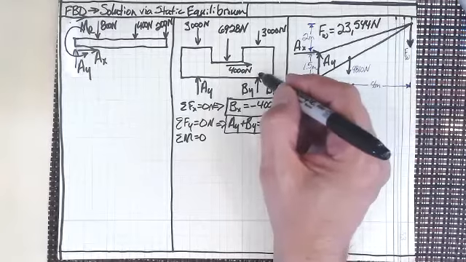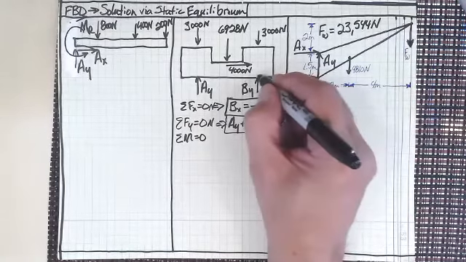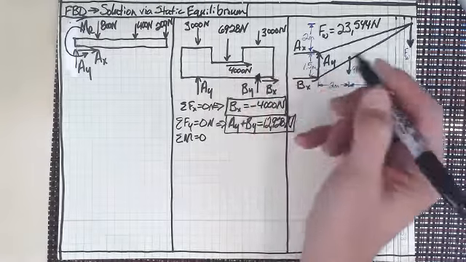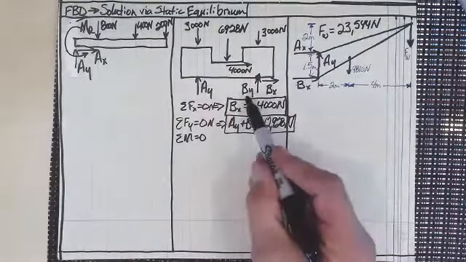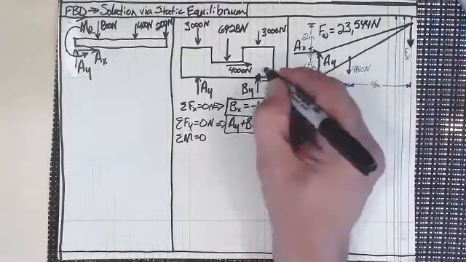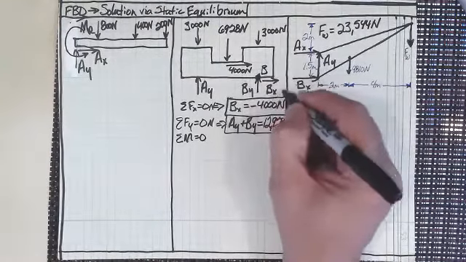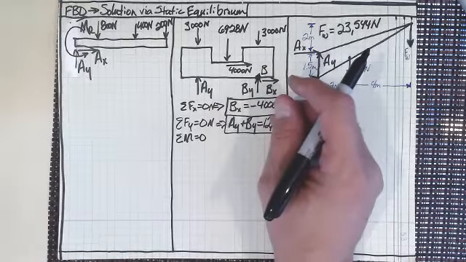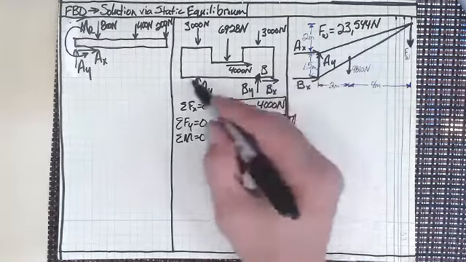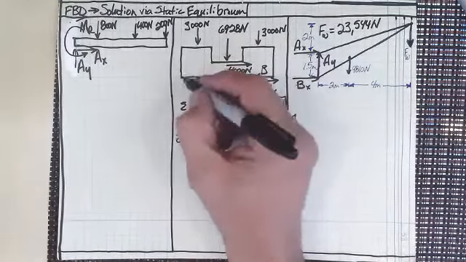But how about choosing point B, right? First of all, B sub Y goes right through B, doesn't it? And B sub X goes right through B. I have to give you some dimensions for this.